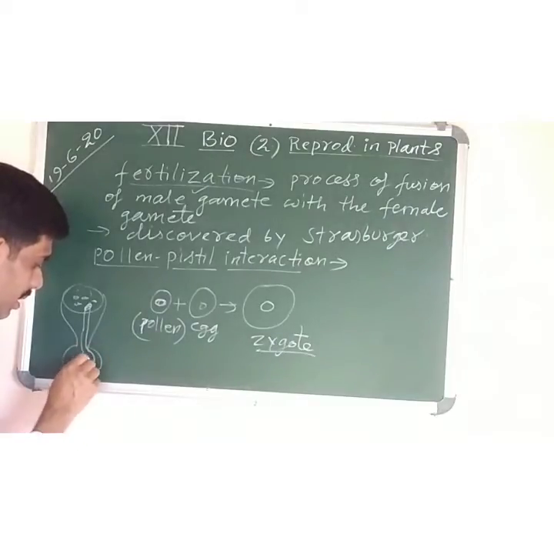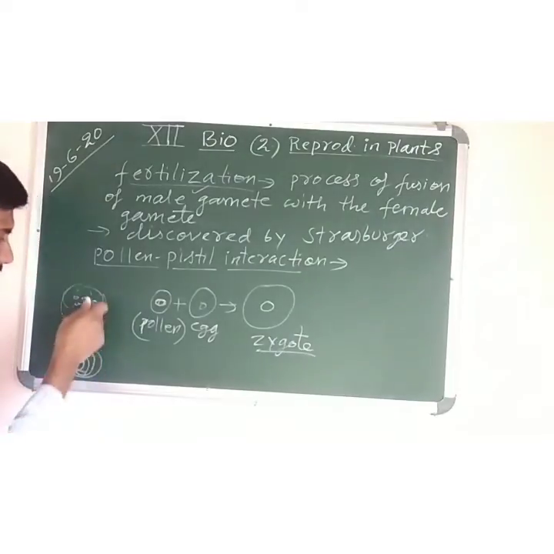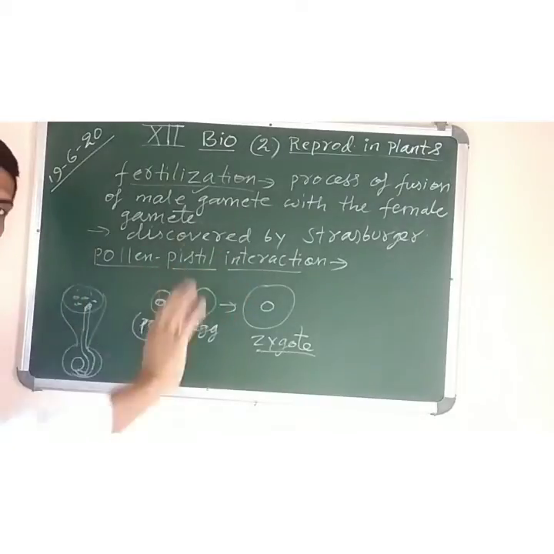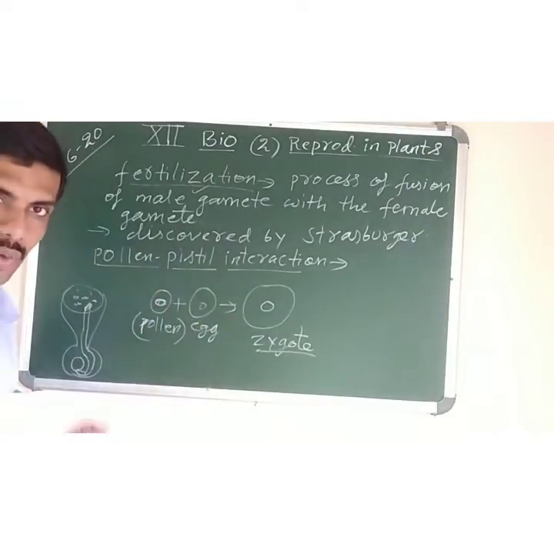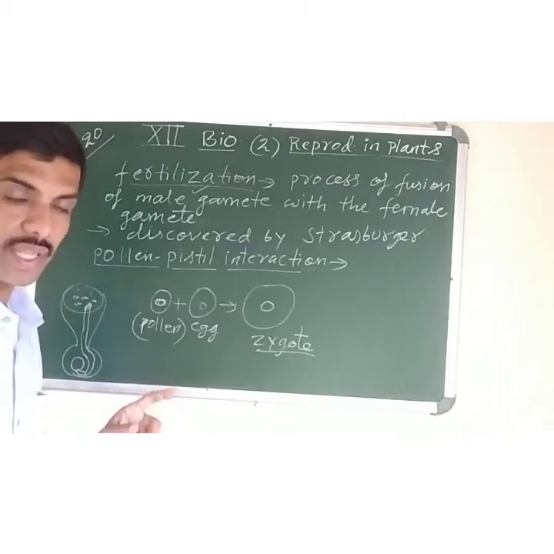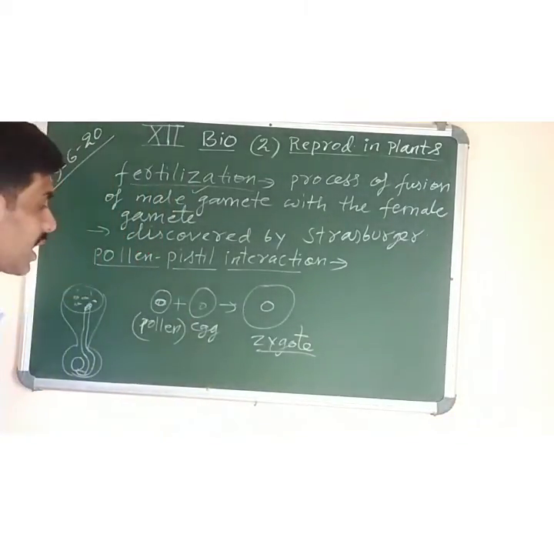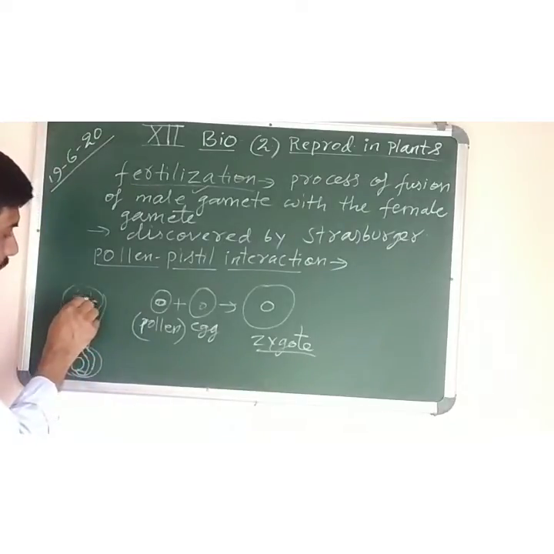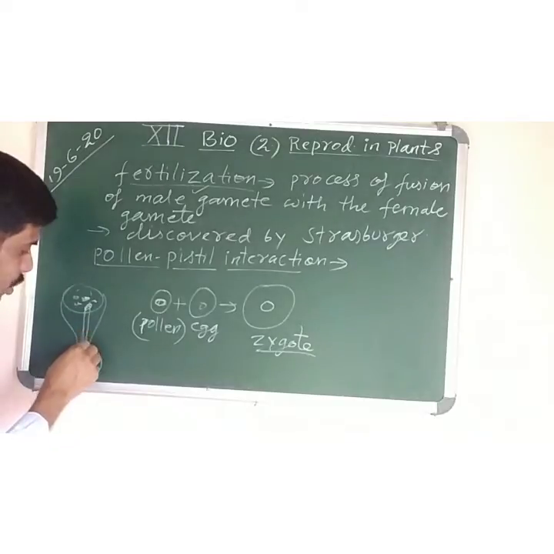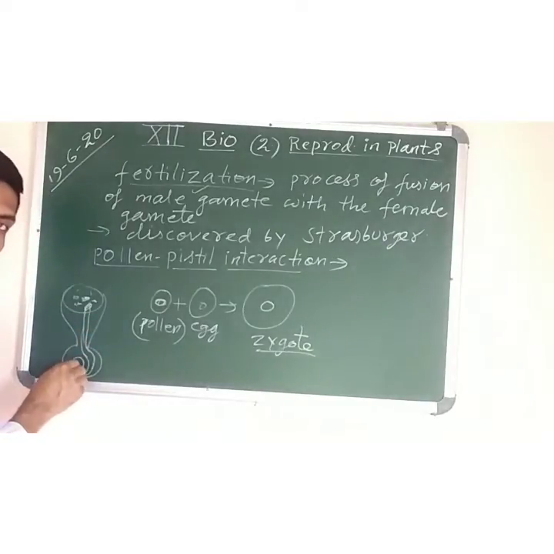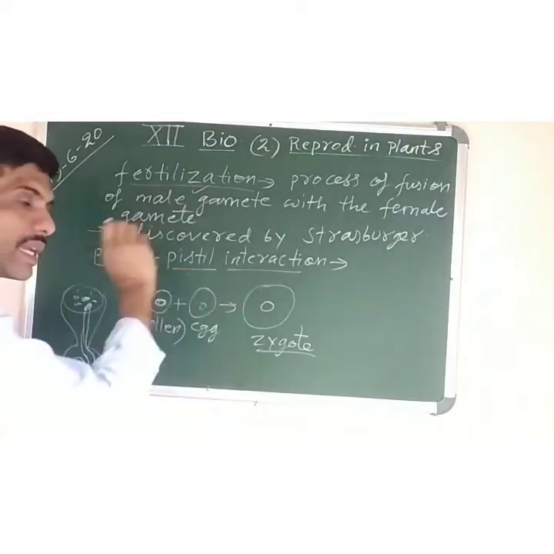Ovule is present here. This process is called pollen-pistil interaction. Got it? Once again the definition: it is all the events, whatever changes take place from the deposition of pollens till the formation of pollen tube and its entry inside the ovule. This entire change is called pollen-pistil interaction.